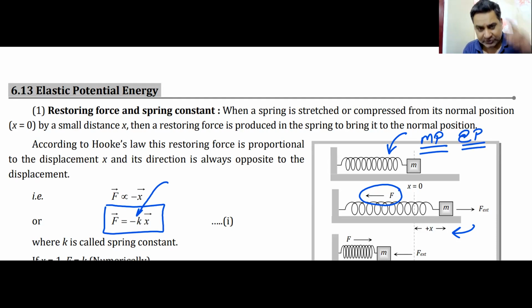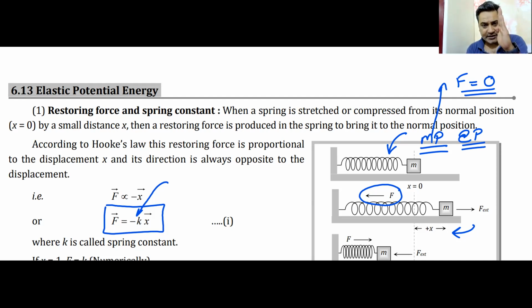Mean position is a term that will come to you in the chapter of simple harmonic motion, SHM. You can call it mean position or equilibrium position. It simply means that the force acting on the block is 0. So the mean position of this body occurs when the spring is in its relaxed state.